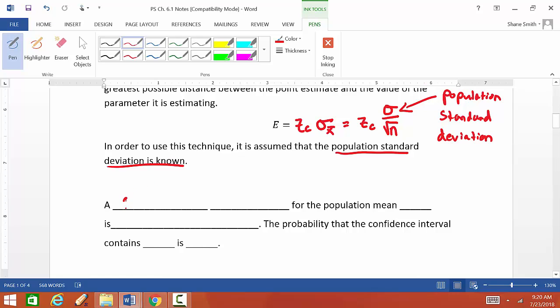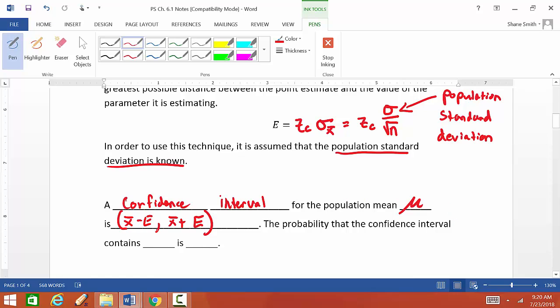Okay? And so finally, a confidence interval for the population mean mu is x bar minus E, and we're going to use interval notation. So I'm going to put a parenthesis here, comma, x bar plus E. So this is not an ordered pair. This is just interval notation. So we start here to here.